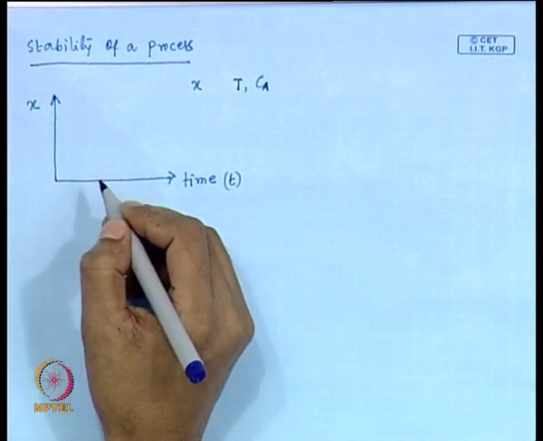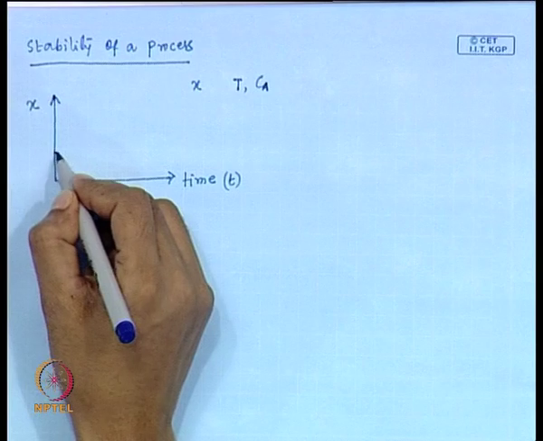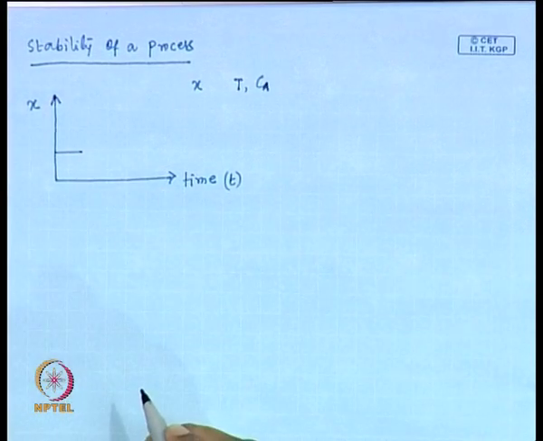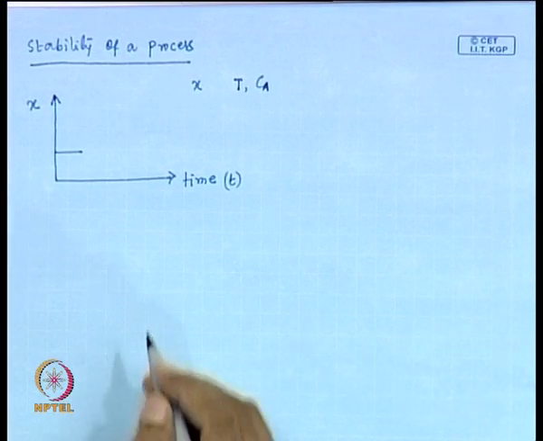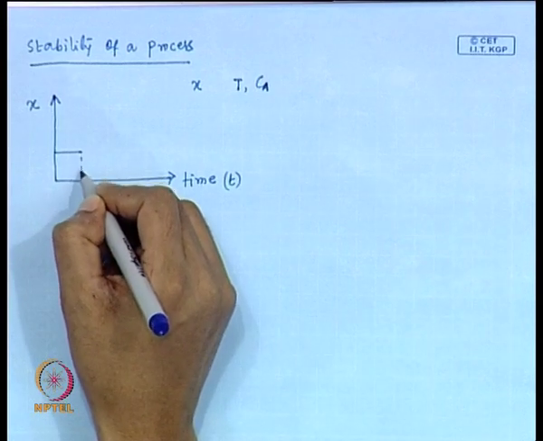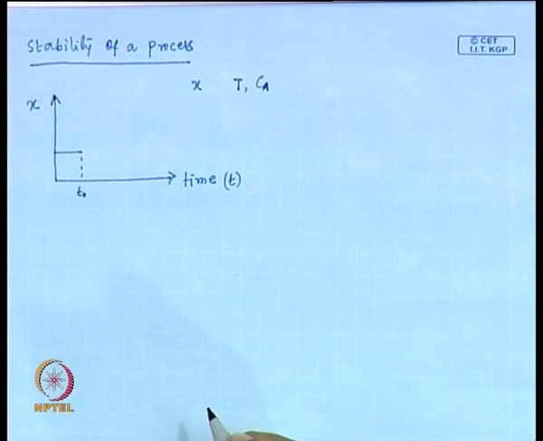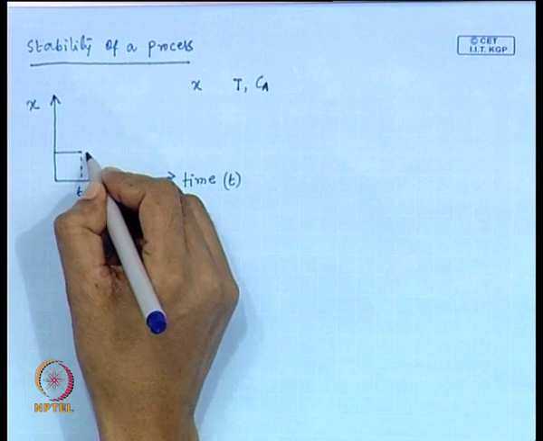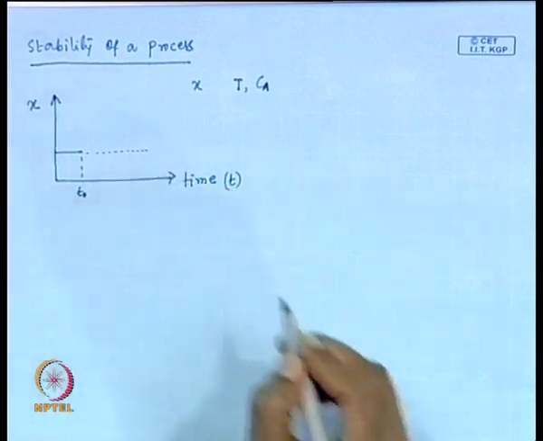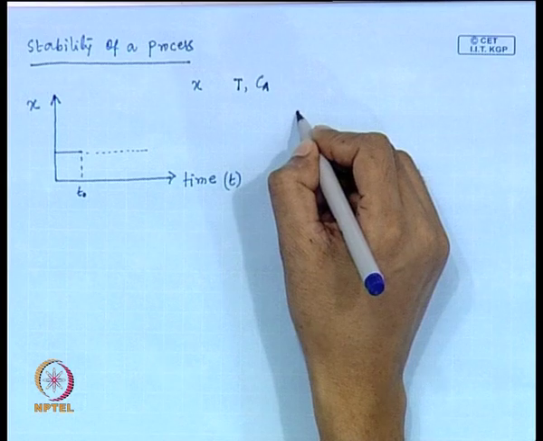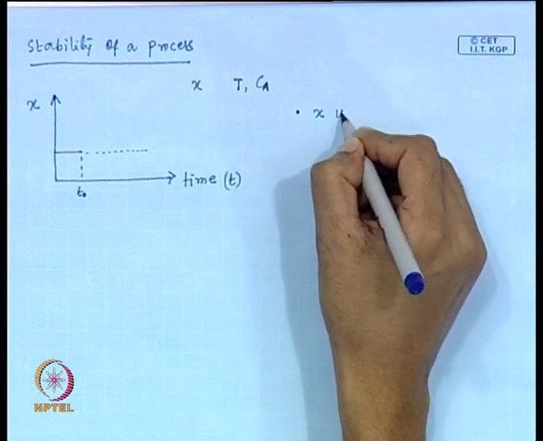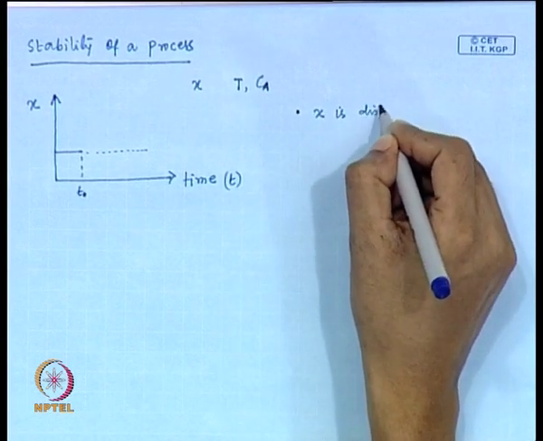Now, as I mentioned, initially the process is at steady state. This is the steady state value of x. Now, at time t equals t naught, the x is disturbed.